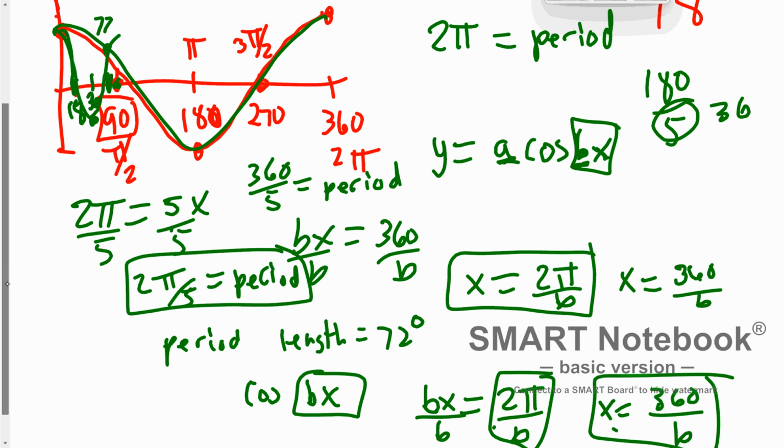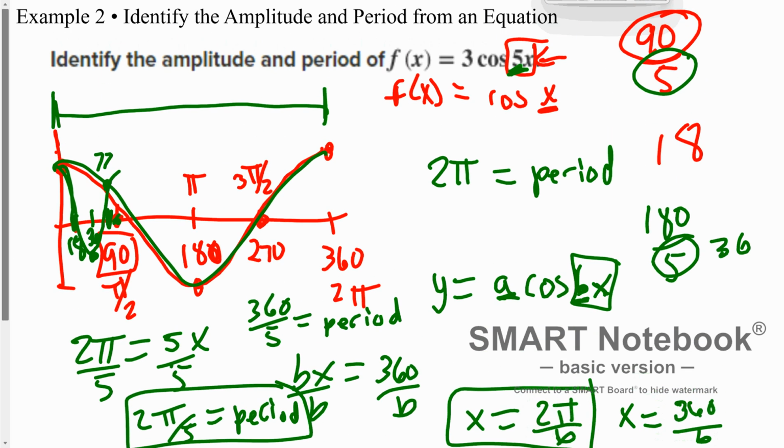Now amplitude. Amplitude is really easy. It's just what's being multiplied, because whatever number I get here, I get an answer of 1, 0, negative 1, back to 0, and then back up to 1. I multiply that by 3. This is 3 times cosine, so I multiply 1 by 3 and it changes to 3.